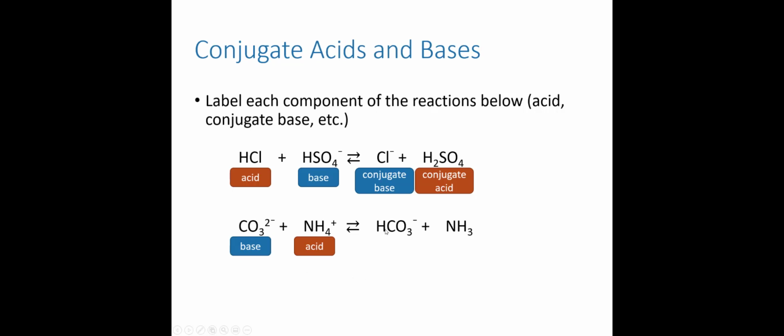And so you'll see here we put an H in the front, and this went from 2- to 1-. So therefore, this would have to be the conjugate acid. And again, by elimination, that leaves ammonia here as the conjugate base.